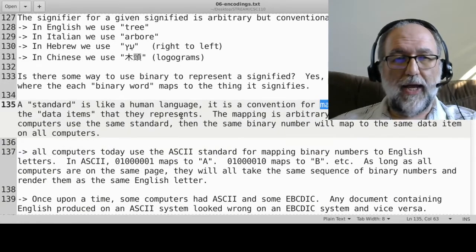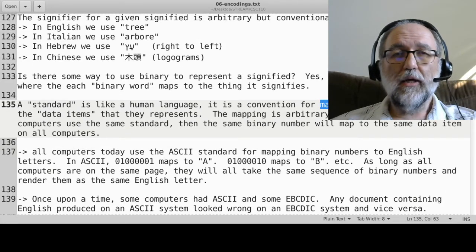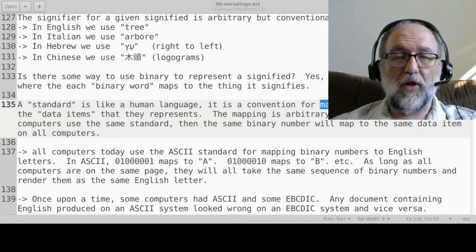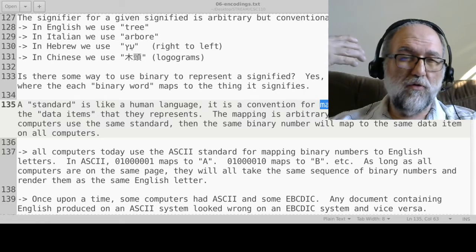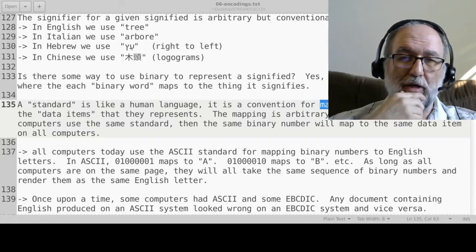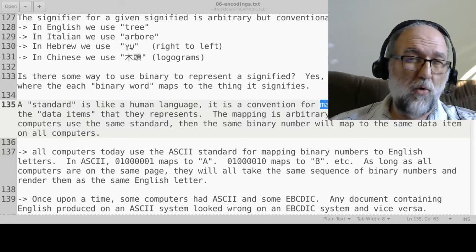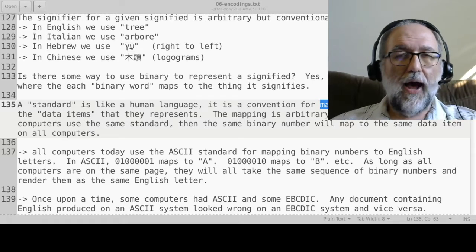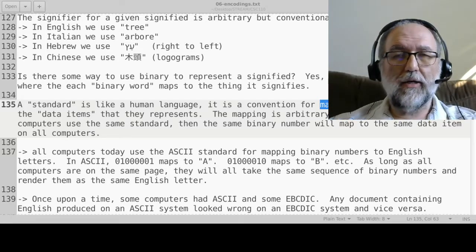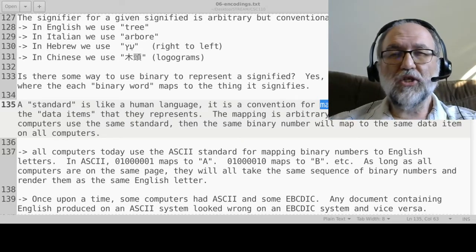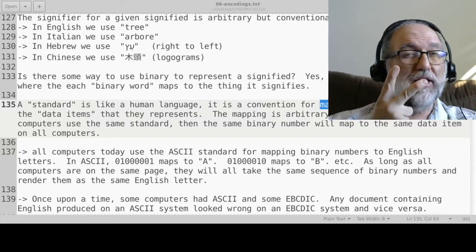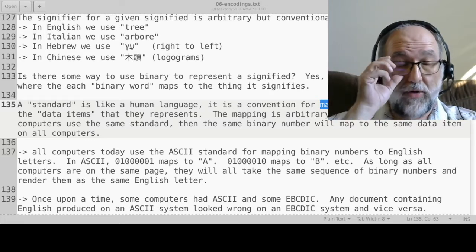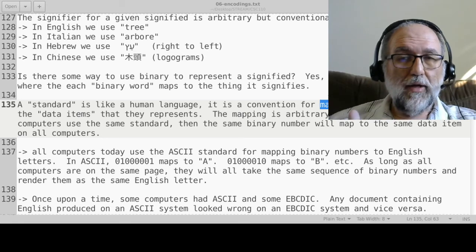All right, nowadays we're going to look at a few types of encodings, for example two different types of encodings for letters. We're going to look at encodings for colors and so on. But if you go way back into the early days, there were actually two ways of encoding English letters, and that caused a problem.